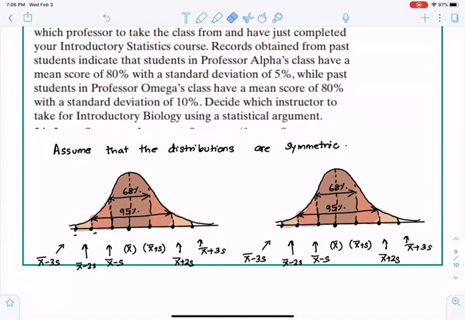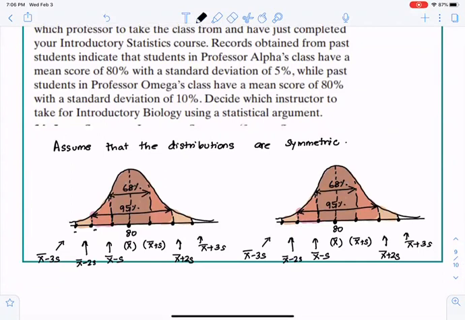Because the mean score is 80% and the standard deviation is 5%, let's drop the percent in the score, because we're talking about percentages and I don't want to add another layer of percentages. So it's a mean score out of 100. I'm just going to say 80 and 80. So Professor Alpha is over here, and Professor Omega is over there.